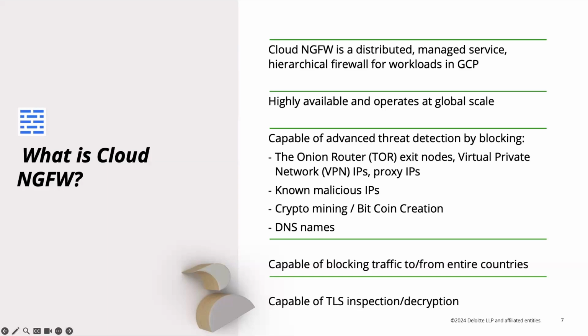So Google Cloud Next Gen Firewall is getting a constant feed from Palo Alto underneath of what these IP addresses are, and they're able to make dynamic changes to the firewall policies on your behalf through these feeds. It can also block VPN IPs. So another way to disguise traffic is jumping into a VPN network or a proxy network, which is also disguising the source IP address of the traffic.